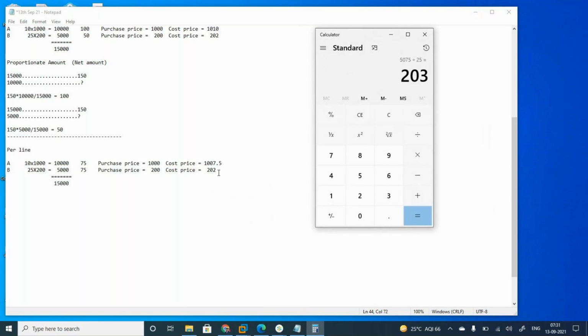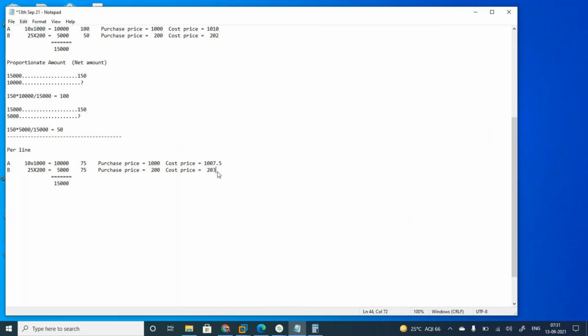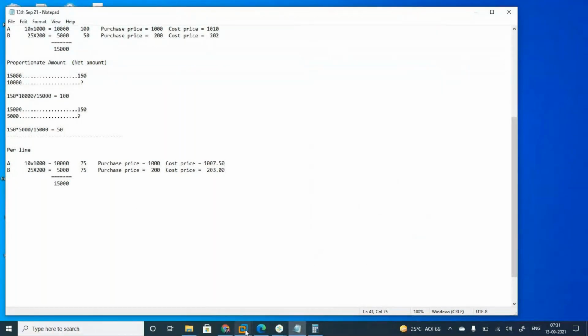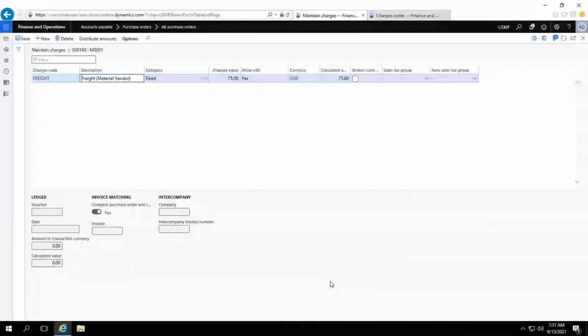Sorry, this is the amount; this is the cost price. Got my point? Any confusion? 5000 plus 75, 5075 divided by 25. Clear? The cost price will be updated like this.